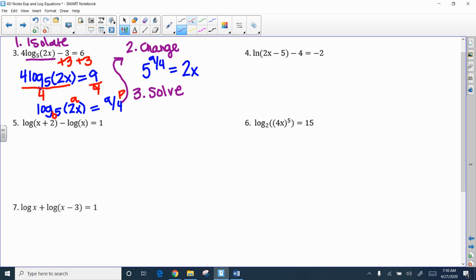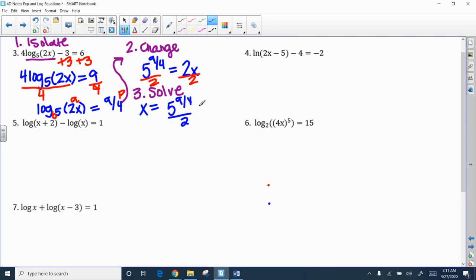Or we can go ahead and get the x by itself here by dividing by 2. I'm going to do that, and then I am going to approximate this as well. To solve for x, I divide both sides by 2, and then we'll have the x by itself. So x equals 5 to the 9/4 power divided by 2.